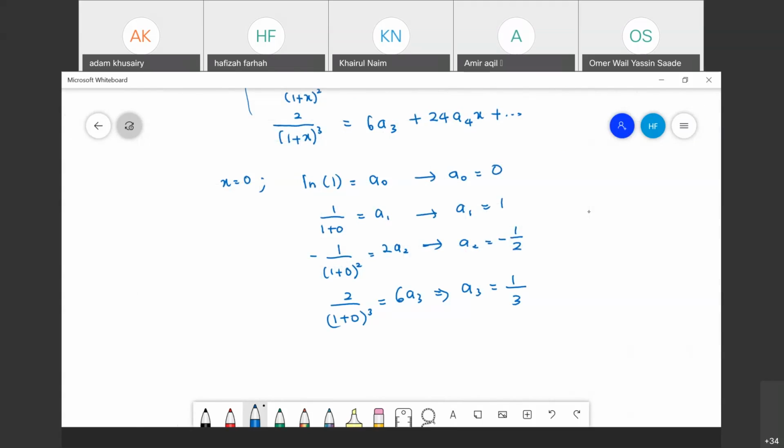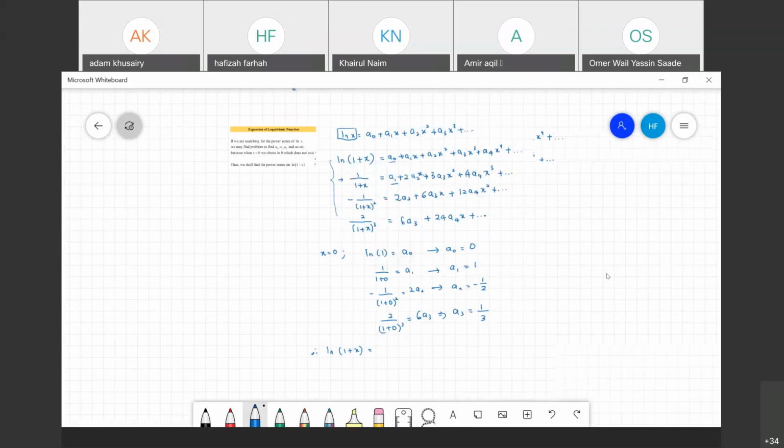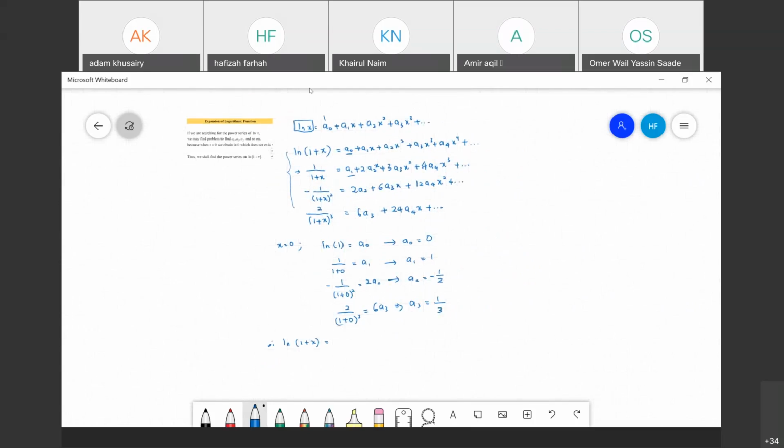So now our ln(1 plus x) becomes, with A0 being 0, our A1 is x, minus x squared over 2.